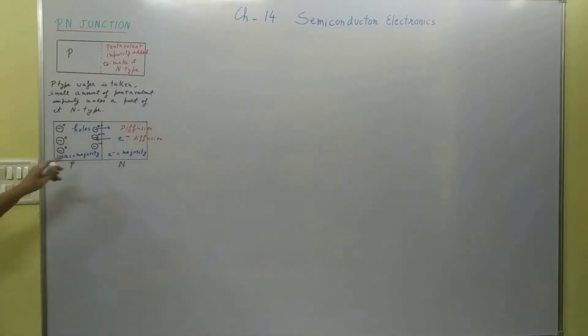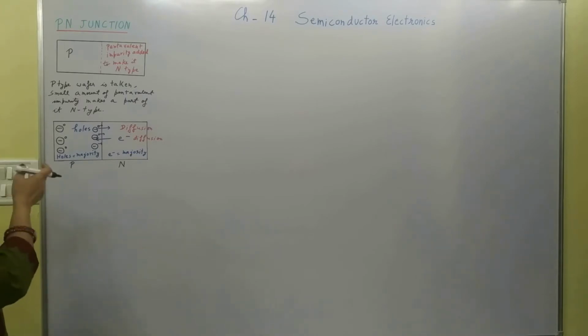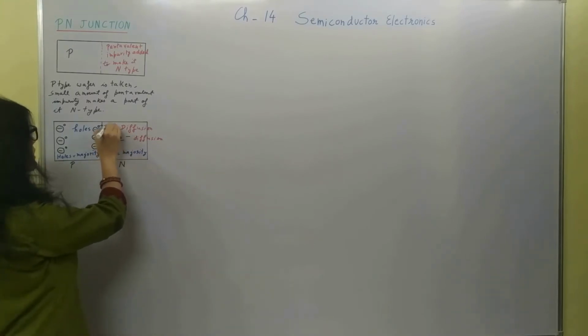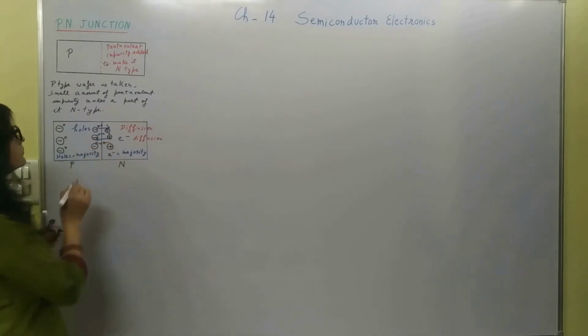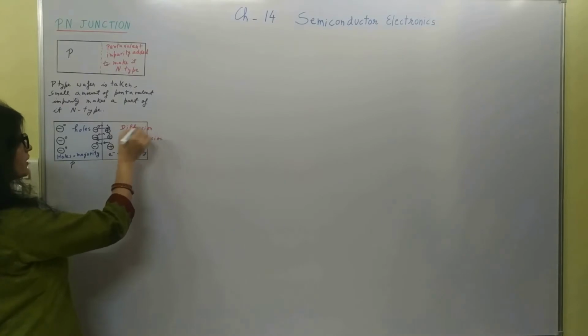And these negatively charged ions will remain in the crystal at their place. So these ions are immobile. You can say this negatively charged core is left behind here, and in this case this is the positive charge, and the electron is moving this way. Similarly, I can complete the diagram over here.